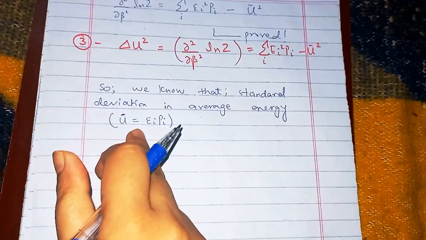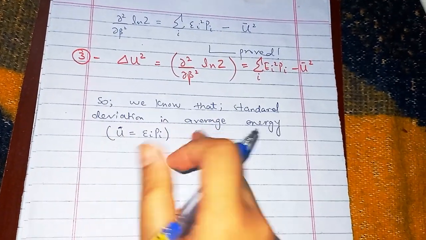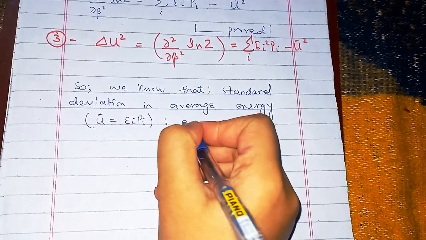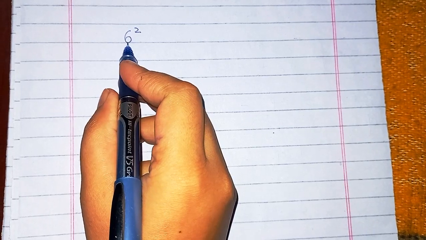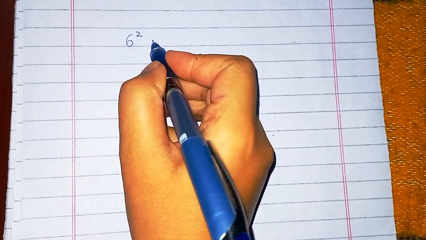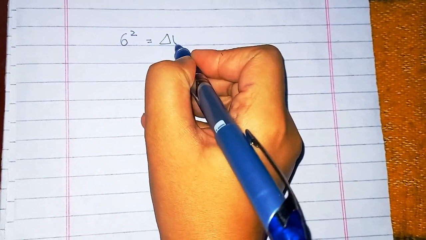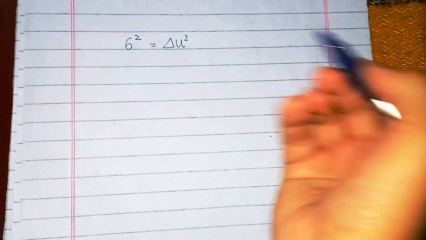All right, we need to find the standard deviation in average energy. This is the general sign for the square of standard deviation because they required us to calculate the same.